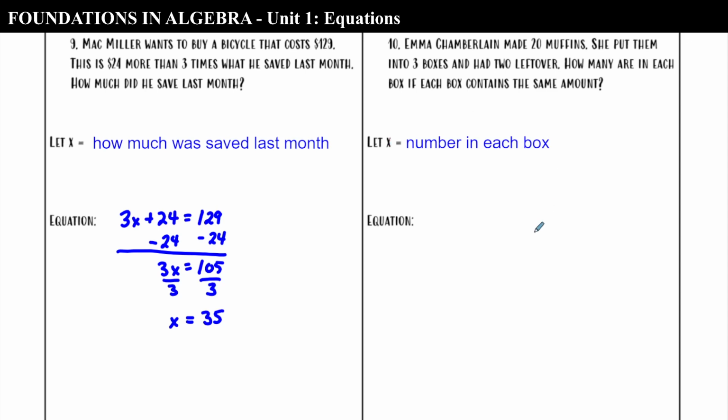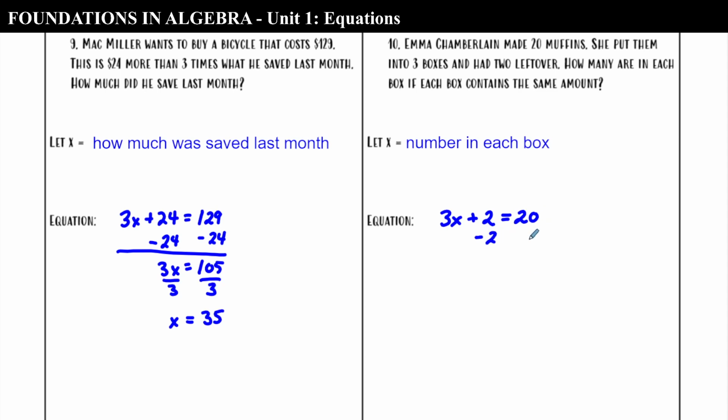So we know that she put them into 3 boxes and they were evenly divided amongst those 3 boxes. However many is in each box times the 3 boxes. But she had 2 left over when she did that, so plus 2. And she made a total of 20 muffins.